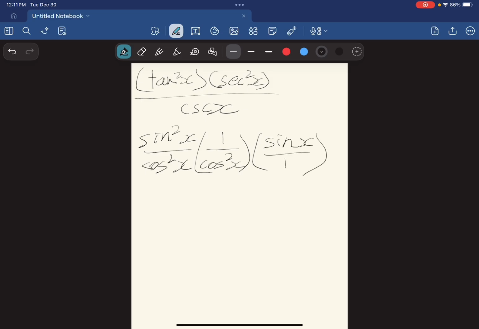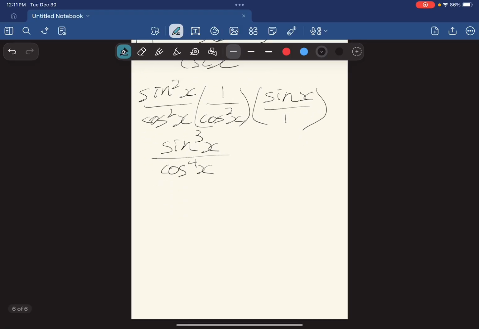So we really just get sine cubed x over cosine to the 4th x, which can also be written as sine cubed x over cosine squared x, squared. And we only want sine, right?